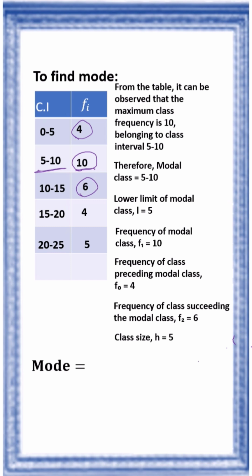So the mode formula is L plus (F1 minus F0) upon (2F1 minus F0 minus F2), into H. L is 5, F1 is 10, F0 is 4, 2 into F1 is 2 into 10, F0 is 4, F2 is 6, H is 5.